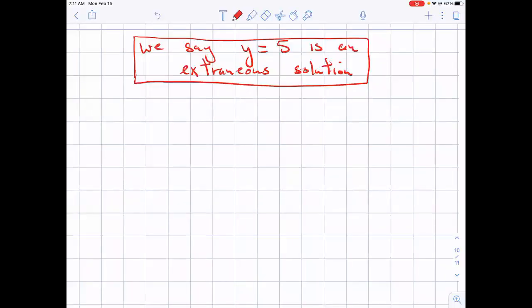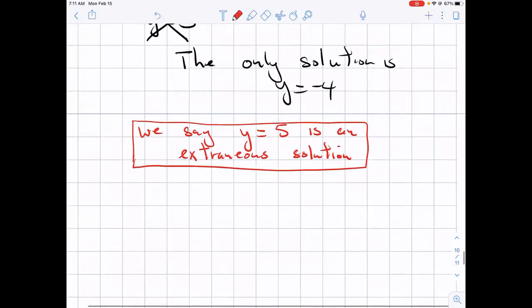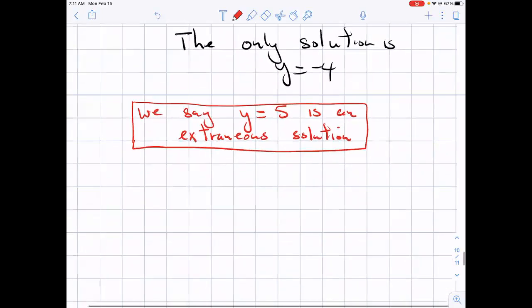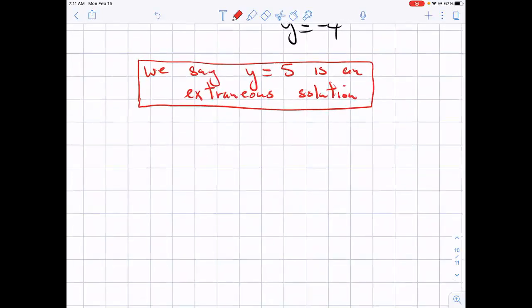So here we have learned how to solve these equations. Now the next step, which you will see later, is the whole idea of what the graph of a rational function looks like.